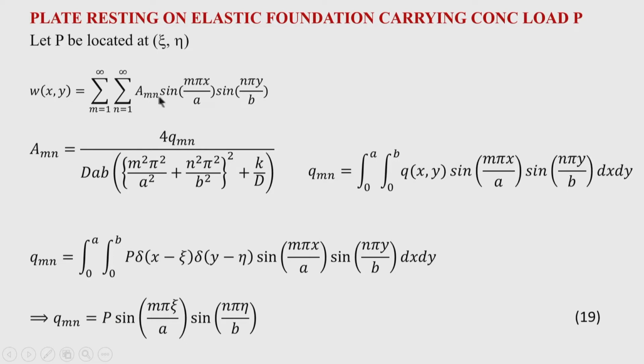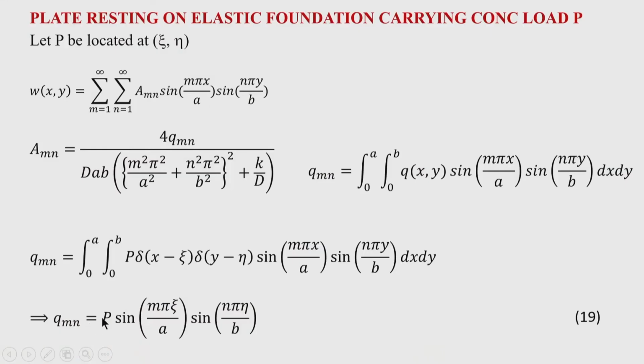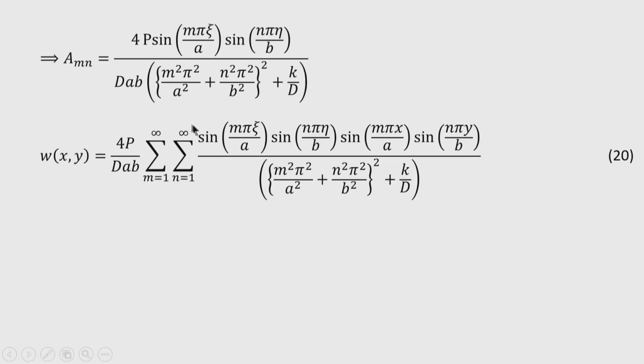The only thing is that due to loading conditions, which differ from problem to problem, we get different values of Qmn, which is equivalent to expressing the external loading in terms of a Fourier series for different cases. So, we get here Qmn as P sin(m pi xi by a) sin(n pi eta by b).